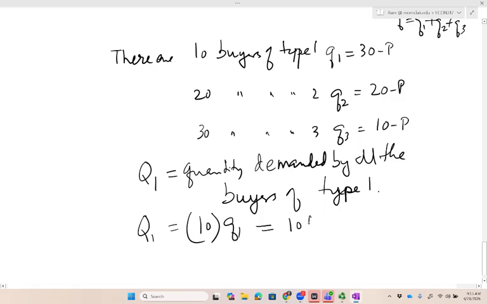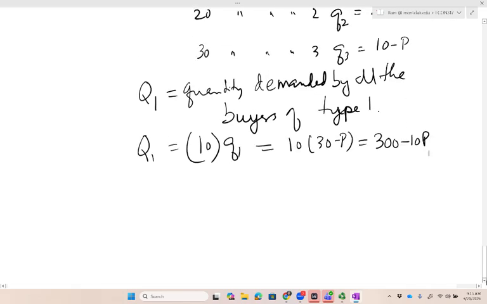I know it is 30 minus P for each individual buyer of type 1. So what I have obtained is 300 minus 10P. That's the quantity demanded by all the buyers of type 1.